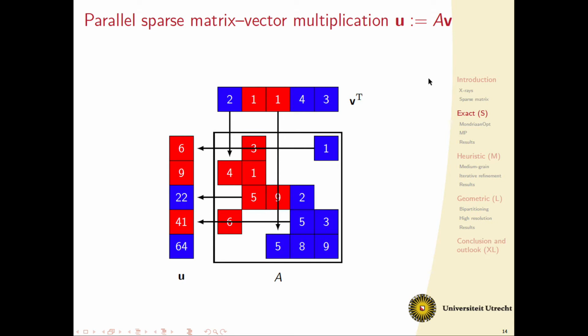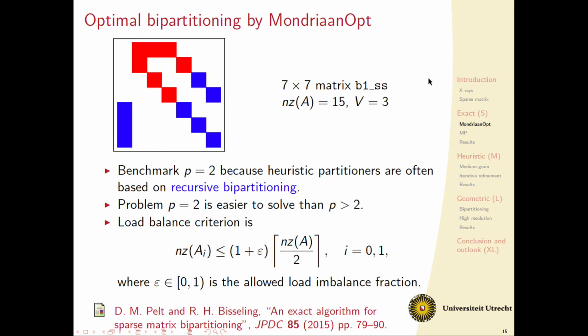That's what we do. And then we can ask the question, we have all these partitioners that do a partitioning. What is an optimal partitioning? And we can solve that for small problems. And it will be easier if we just looked at bipartitioning, so splitting into 2. So the aim of this work is to find optimal partitionings for matrices that are as large as possible.